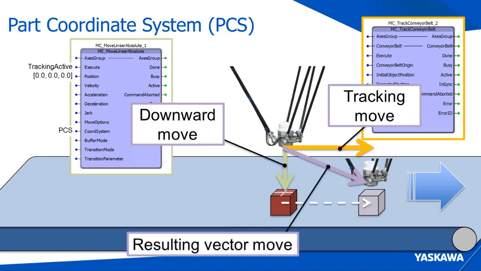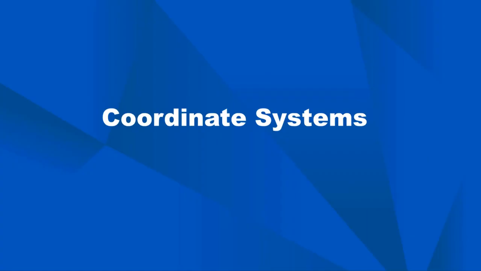So we have a linear move telling us to move downwards. We have a tracking move telling us to move along the X of the conveyor belt. And the result is going to be a kind of diagonal move where it's tracking the conveyor belt and moving down.